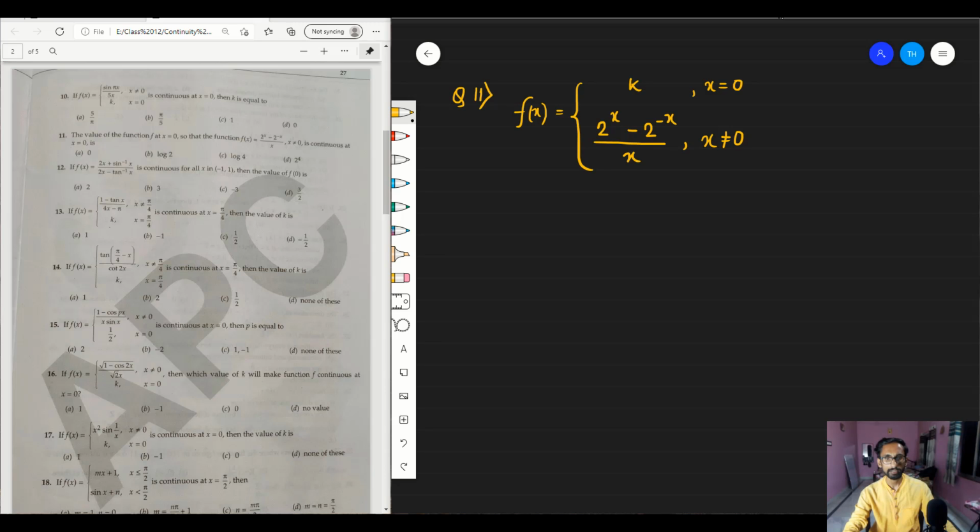It says that it is continuous at x equals 0. We just need to find the value of k. Now, in this type of question, we will use the condition that the left hand limit, right hand limit, and the value of the function at that particular point C will be equal.